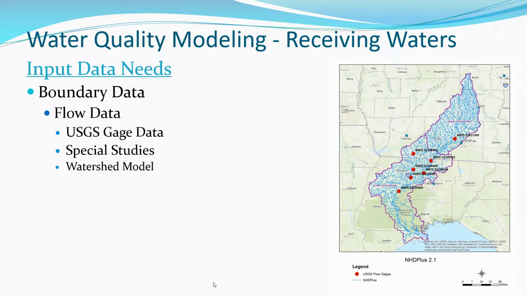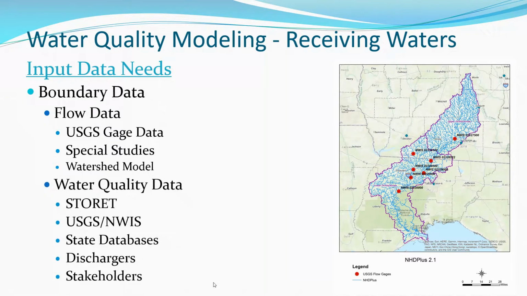The next component would be the water quality data. Sources of water quality data are the EPA STORET database and the USGS NWIS database. You could go directly to the states to see if they have additional data. Sometimes dischargers will collect both upstream and downstream water quality above their discharge point within the water body.